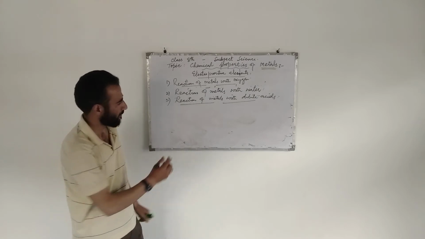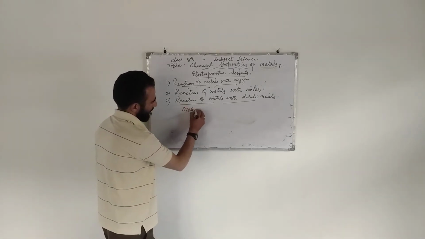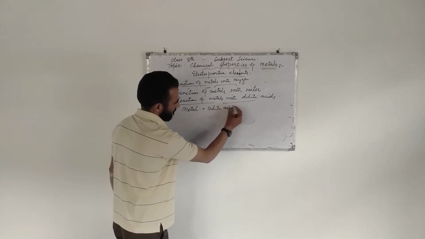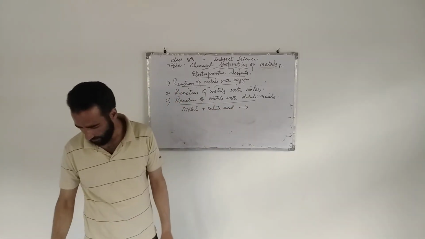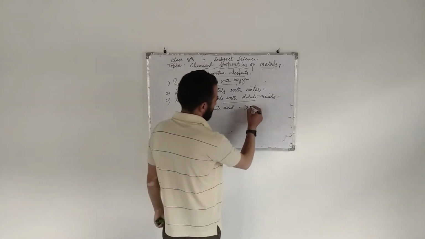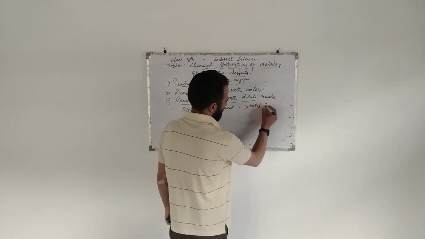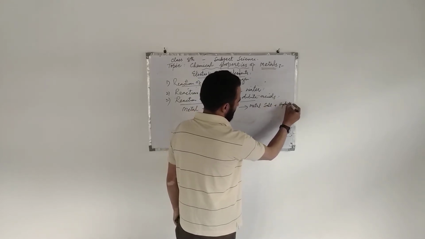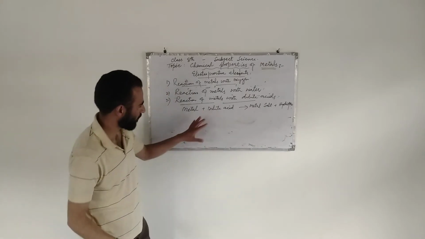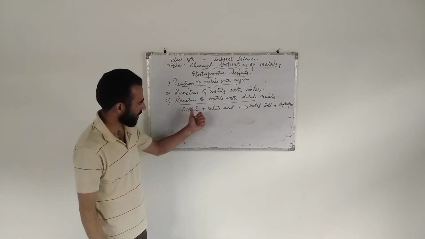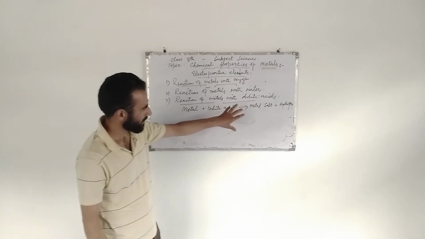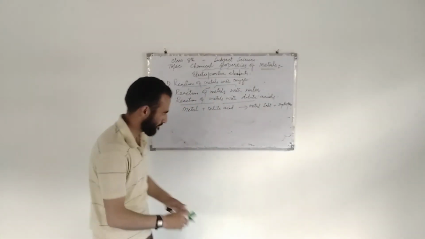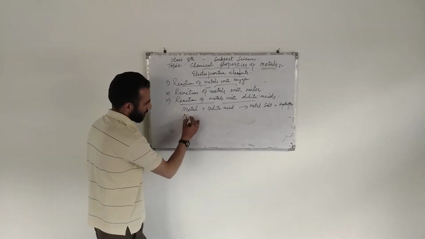When a metal is combined with dilute acid, it forms metal salt plus hydrogen. This is a common pattern where metal is combined with dilute acids and forms metal salt plus hydrogen gas. We take the example of sodium.